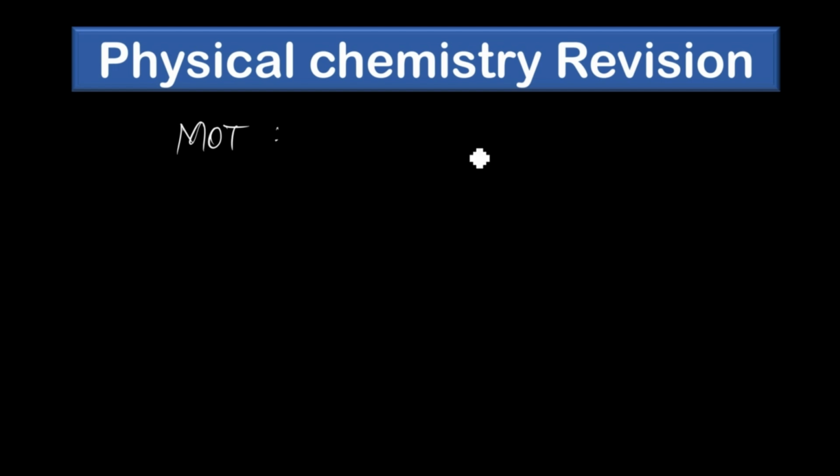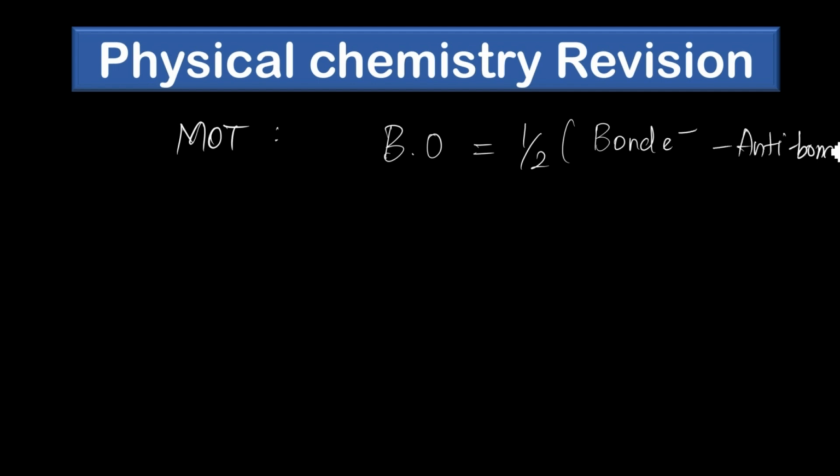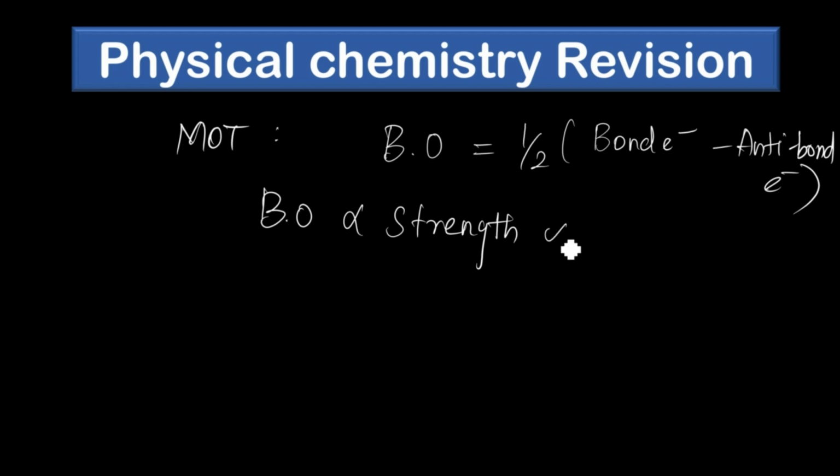While finding bond order, we use 1/2 times the number of bonding electrons minus anti-bonding electrons. So that will give the bond order. Bond order is directly proportional to bond strength, which is inversely proportional to bond length.